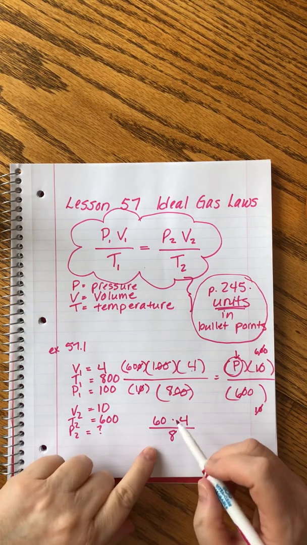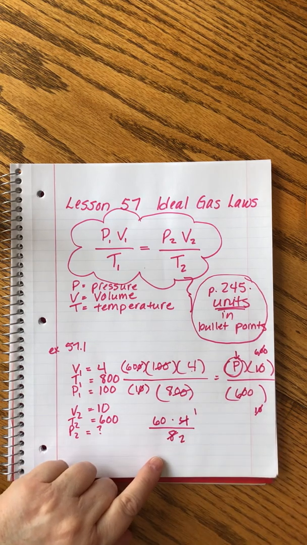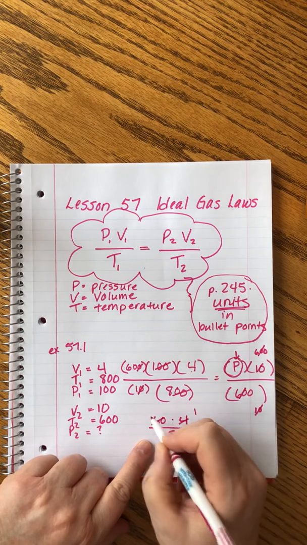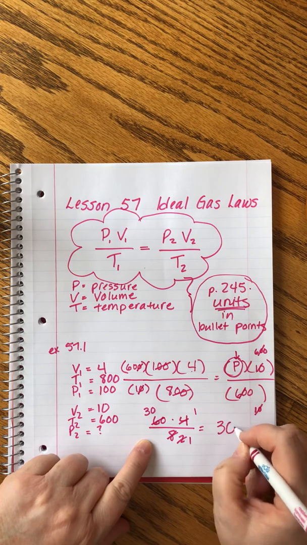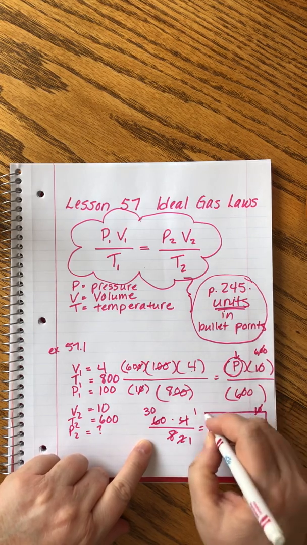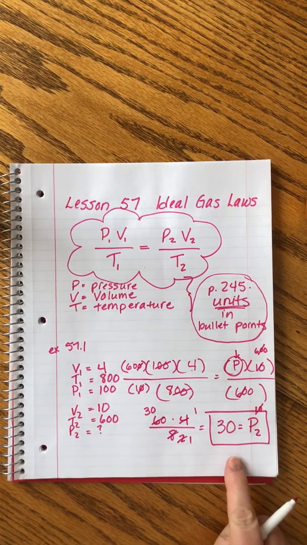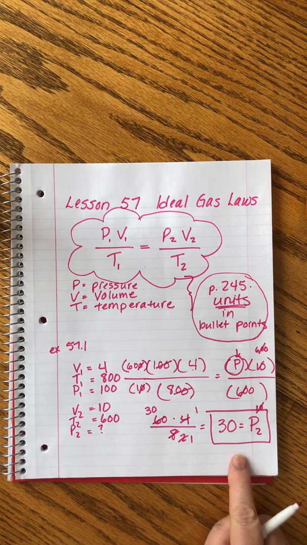Okay, so now I can keep canceling. There's a 1 and a 2, and now I've got 60 over 2, and that is 30, and so my final answer is 30 equals P2. So that means my ending pressure is 30, whatever the heck we're measuring it in, and I don't even care if you write the unit because it's so far gone, but I'll just look and see what it is.